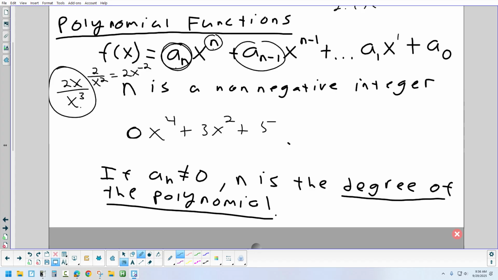The reason that this would not be a 4th degree polynomial is because you're multiplying it by 0, which effectively does this. That's not even that. Okay? So if you multiply something by 0, let's filter that out first. Whatever's left, the highest exponent is called the degree.